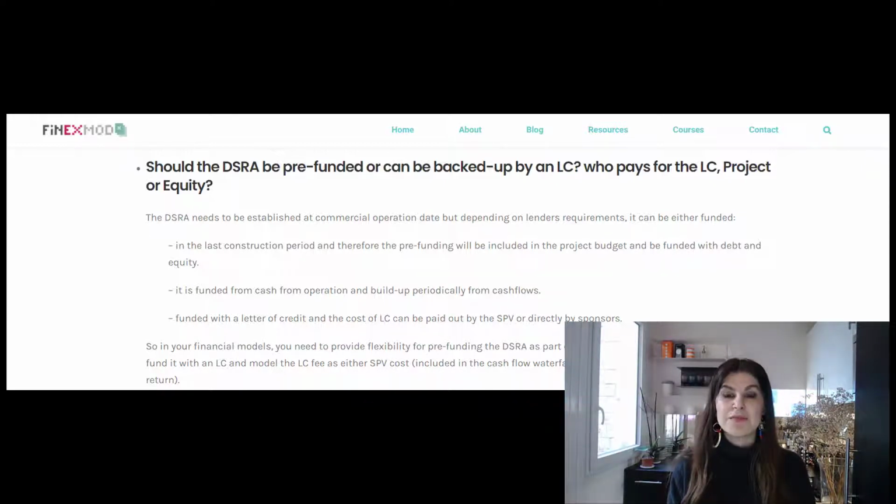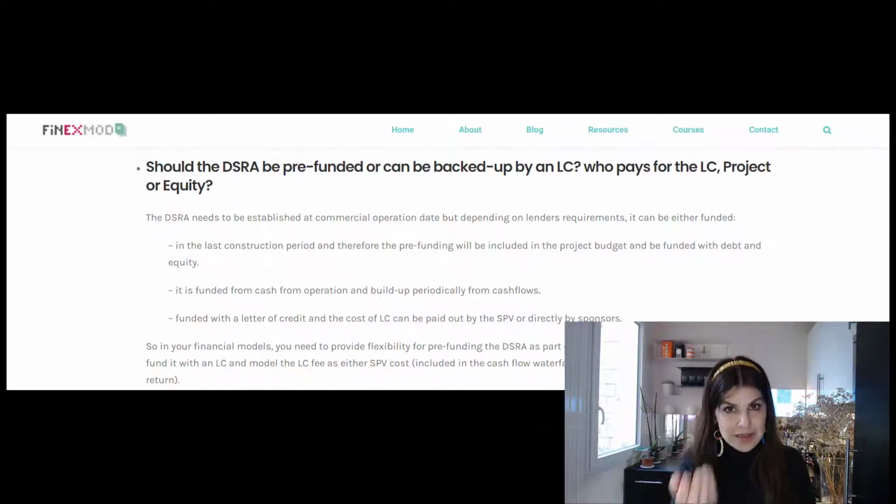This means that as part of your project cost during the construction phase, you fund all the costs, like payments to your contractors, insurance, SPV cost, and everything else, with debt and equity, because the operation of the project has not yet started, so you don't have any revenues.